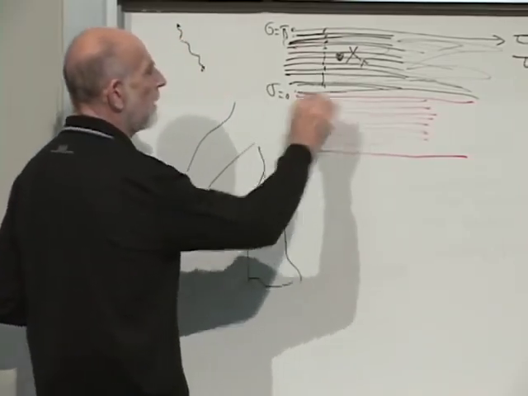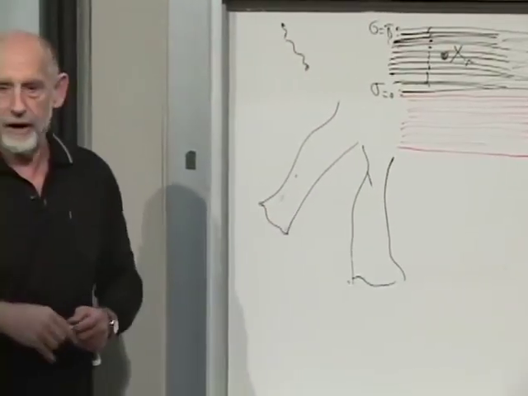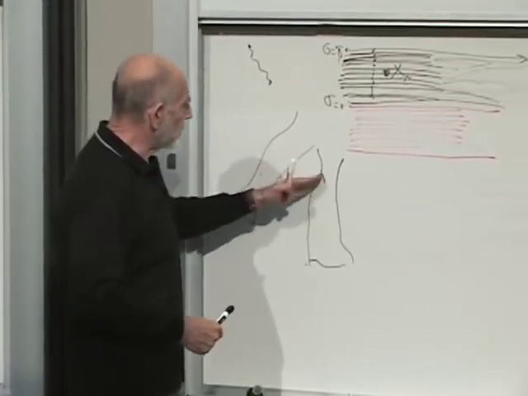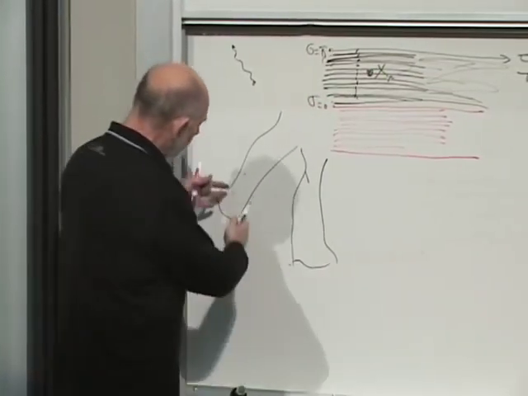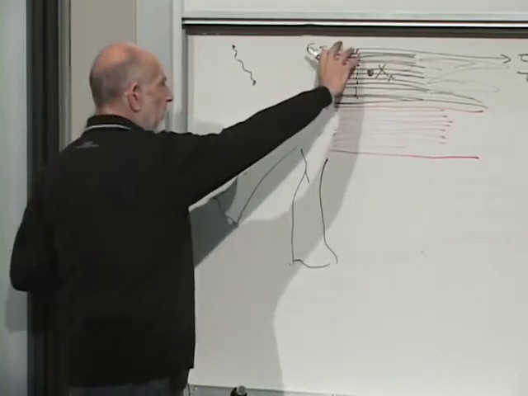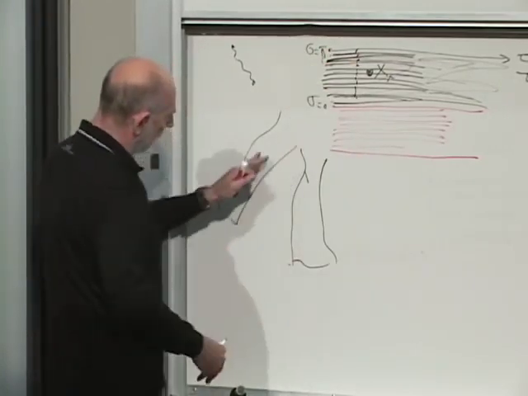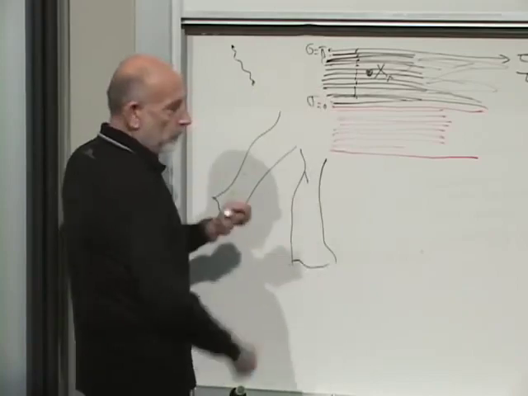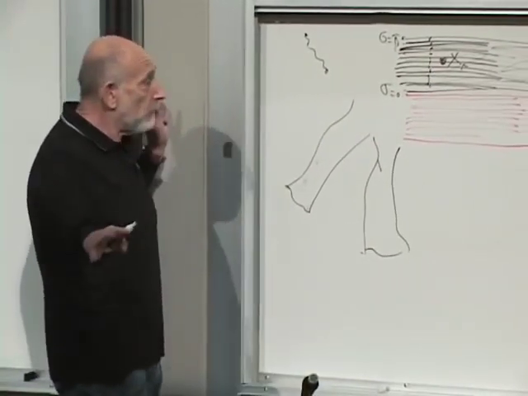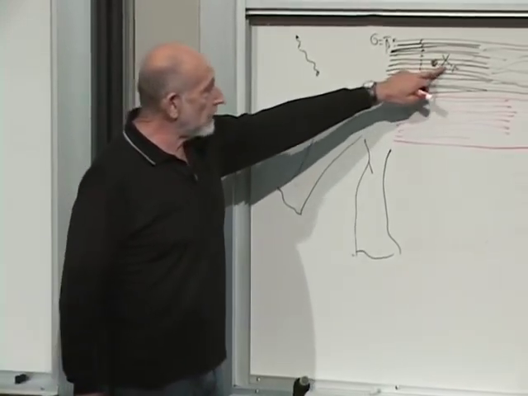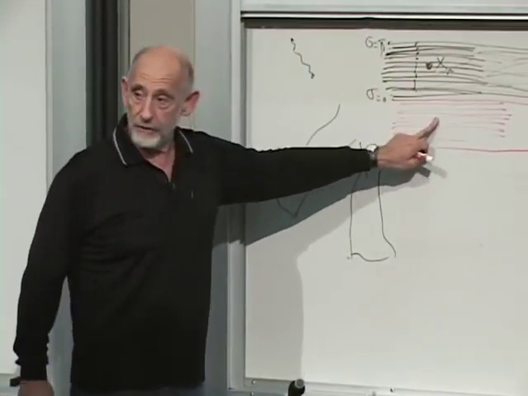There's no meaning to the fact that I've drawn them right next to each other. Their actual position in space-time might not be adjacent. So this half parameterizes the world sheet of the left particle. This half parameterizes the world sheet of the right particle. And they might be far away from each other. That means the x's over here may be very different than the x's over here.